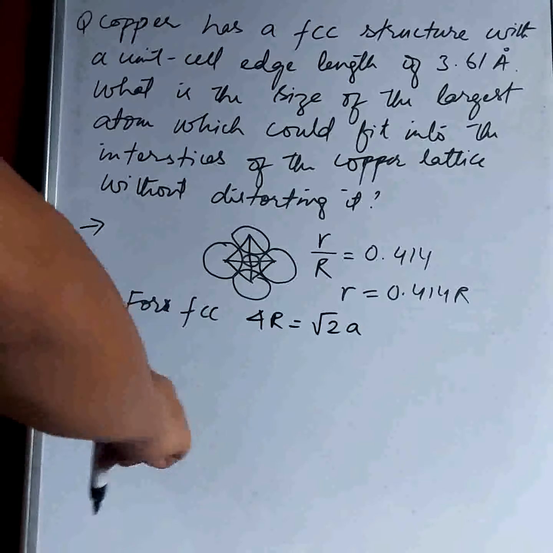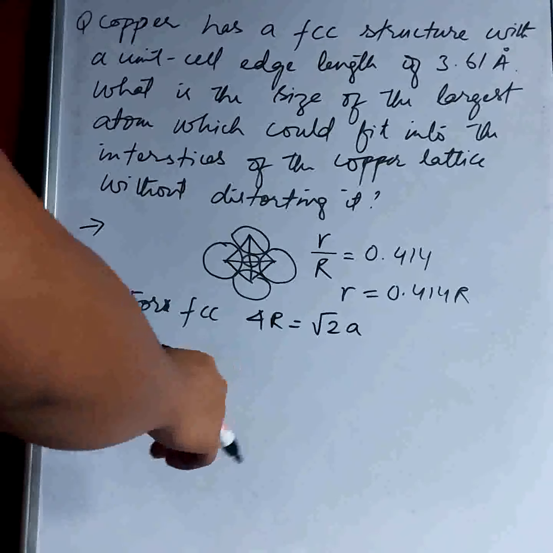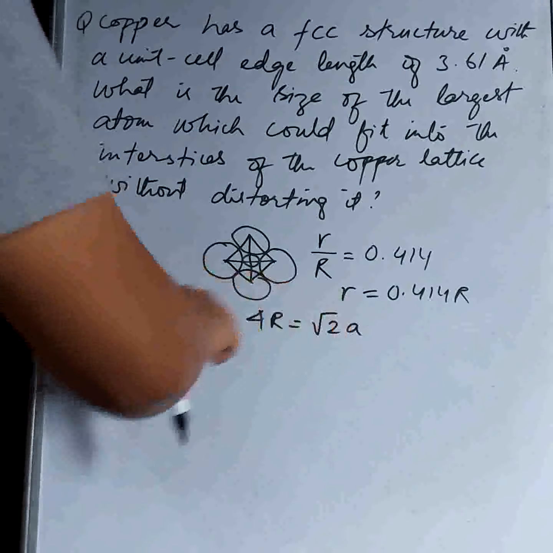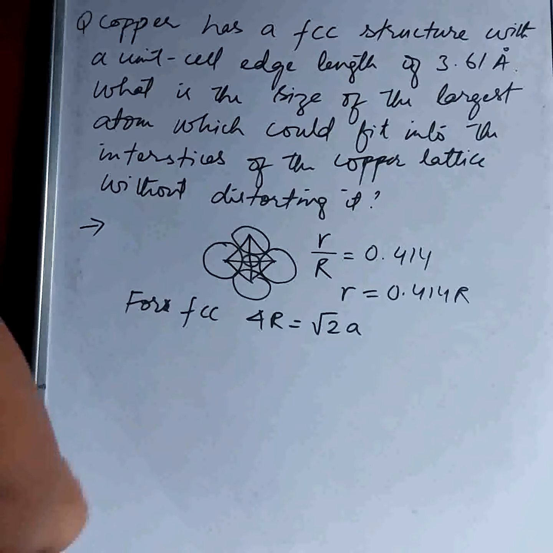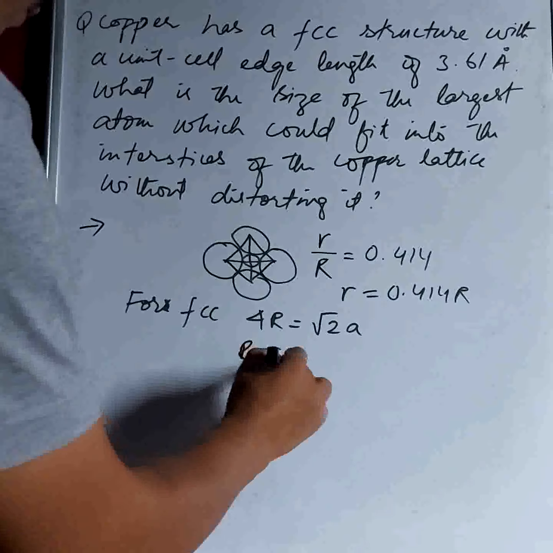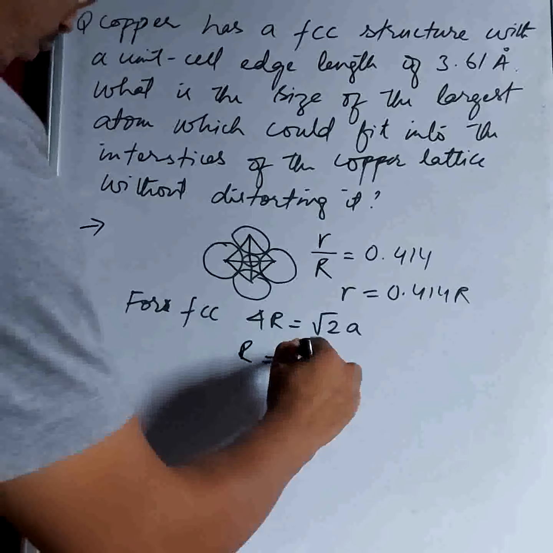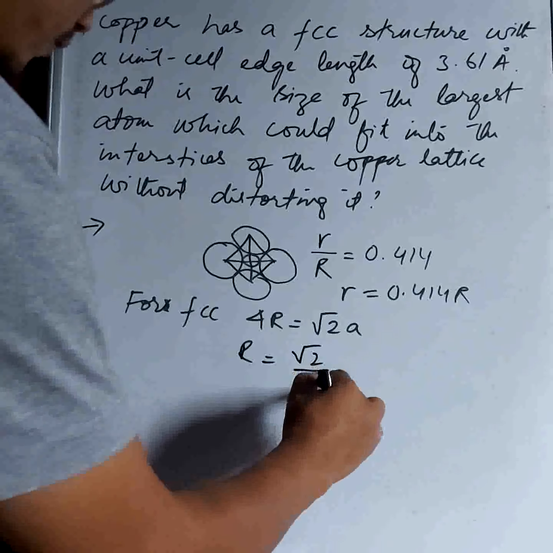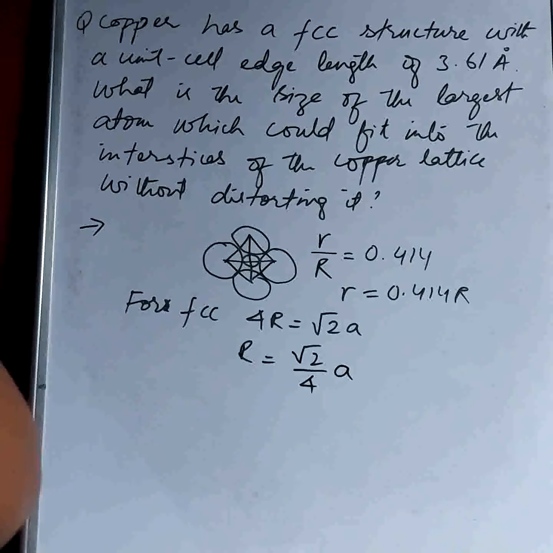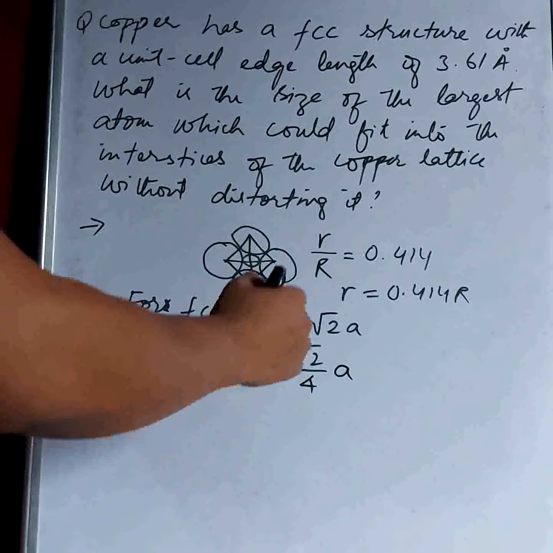If you have calculated the packing efficiency for FCC, you would have found this relation. So our R would be nothing but root 2 over 4 a.